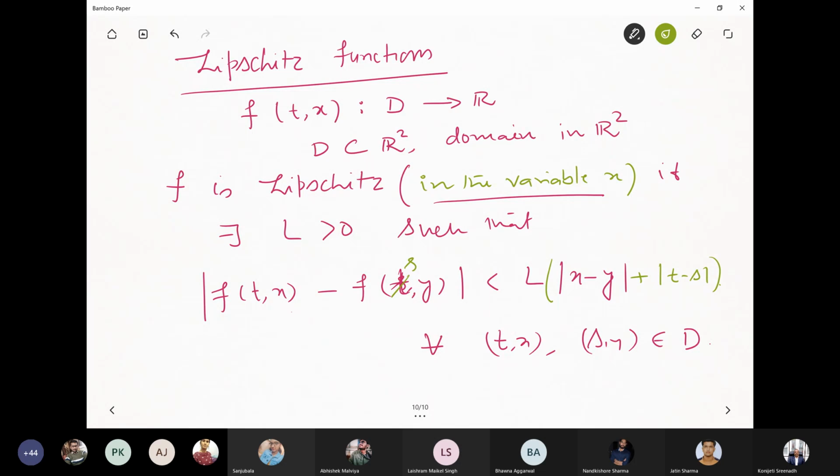So we want to see which functions are Lipschitz. Some simple examples: the constant functions are Lipschitz functions, or the functions f(t, x) equals x. If I write f(t, x) minus f(t, y), it is going to be x minus y. So L equals 1 will do.